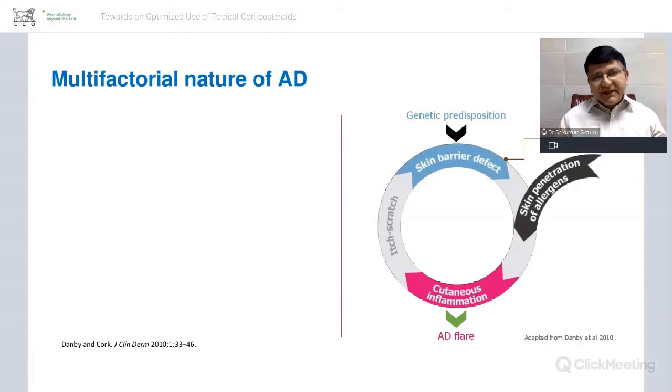Of course, atopic dermatitis has a multifactorial nature. We all know that there's a huge genetic background. We know that there's a concordance of nearly 75% in twins. And we know the strong family history of not only atopic dermatitis, but also of asthma, sneezing issues, food intolerance, and classical type 2 issues in these patients.